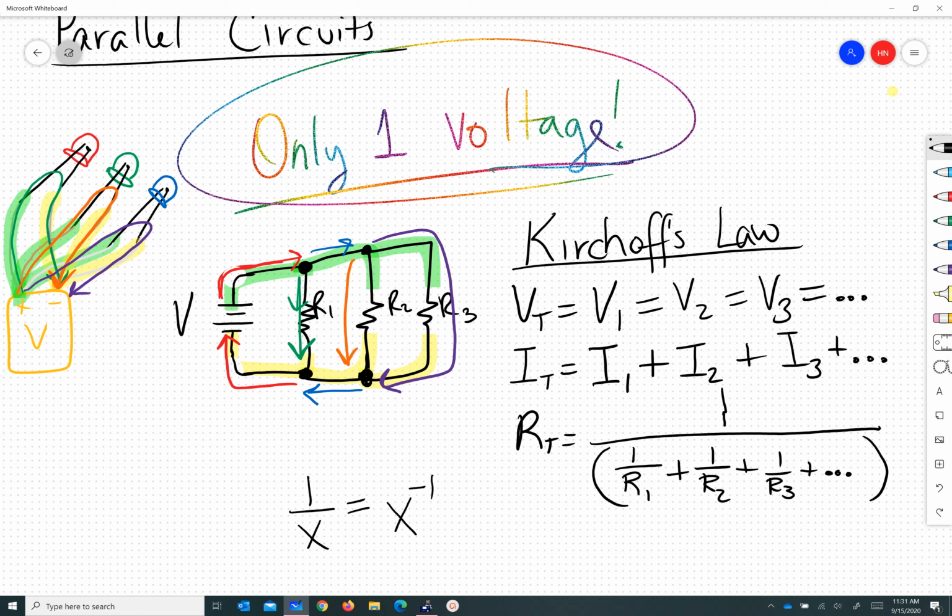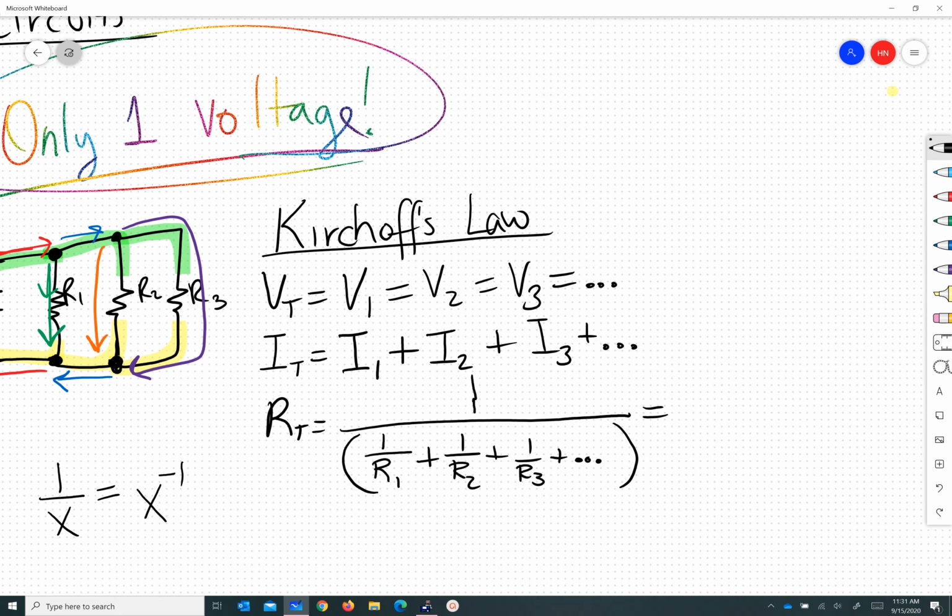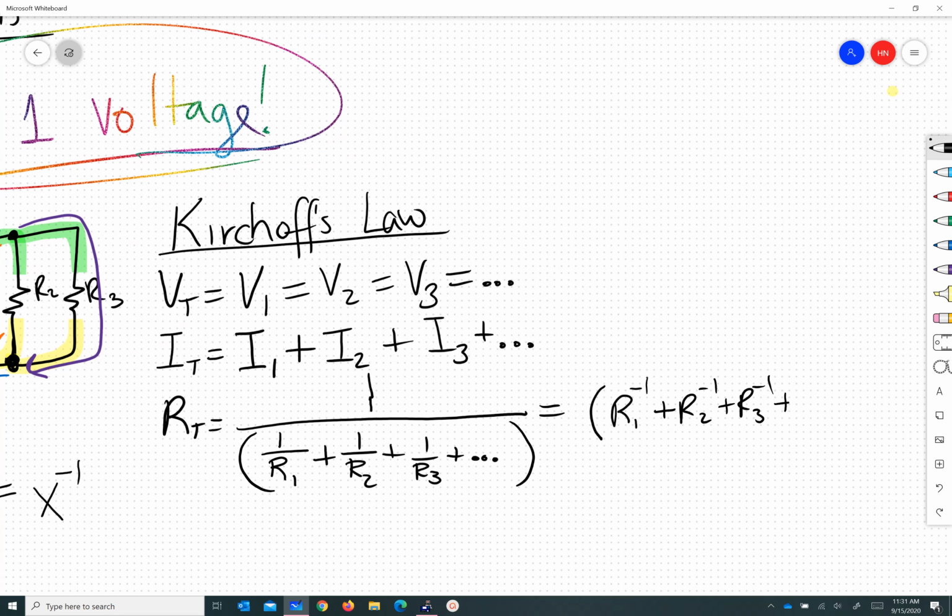And so another way to write resistance total, I'm going to write it over here to the right, is parentheses, you still need that parentheses to capture that grouping, resistance 1 to the negative 1, so inverse, plus resistance 2 inverse, plus resistance 3 inverse, plus dot, dot, dot, close parentheses, inverse of that. So the inverse of the sum of the inverses. Those are both the same way, whichever one you prefer in your calculator.